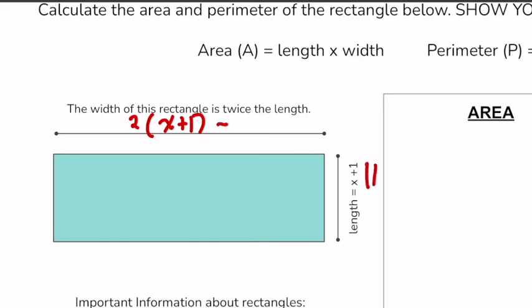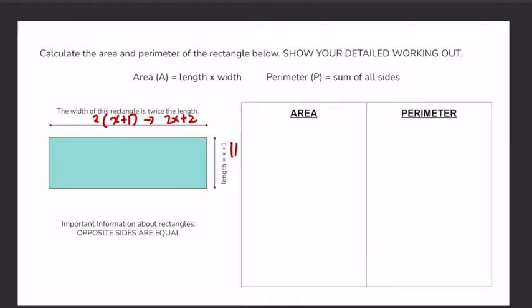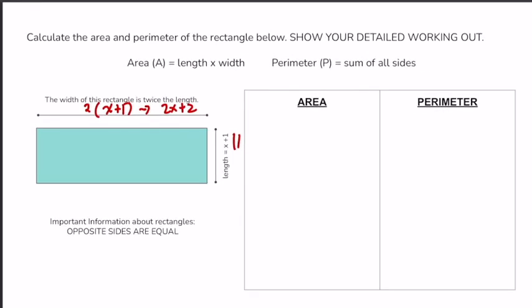So simplify gives you 2x plus 2. And then all you need to do is the same thing. We know that this side is equal to this side. This is equal to this. So your area will be length times width, which is x plus 1. And then the width is 2x plus 2. And you can calculate that.